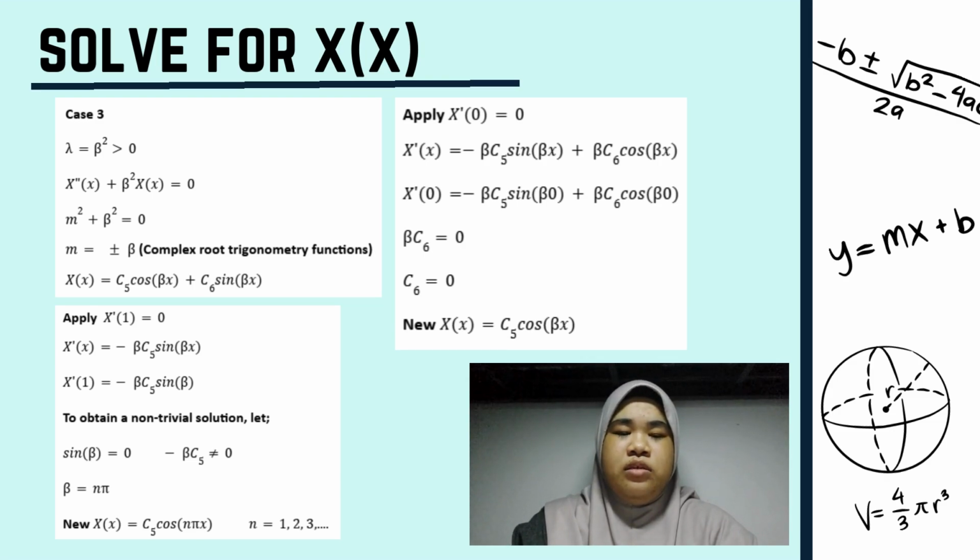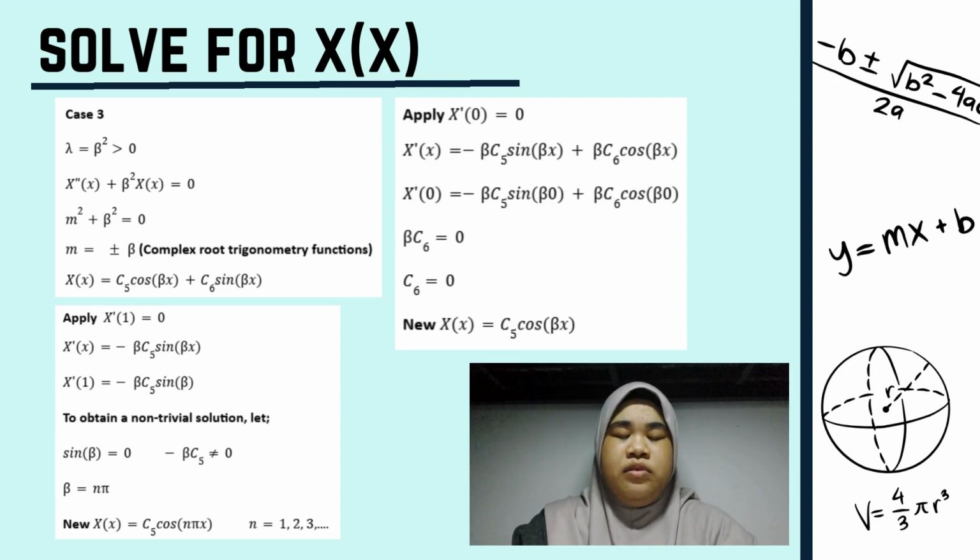We simplify it, we got m equal to plus minus beta i, which leads us to a complex root trigonometric function. So our X(s) is c5 cos beta s plus c6 sin beta s.